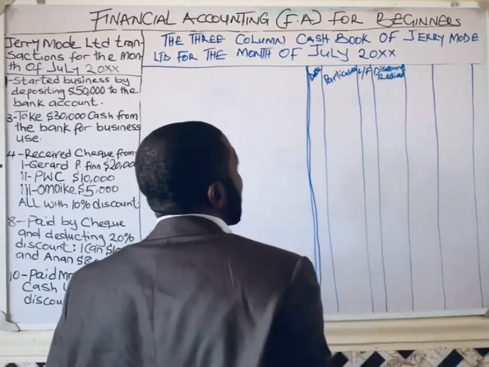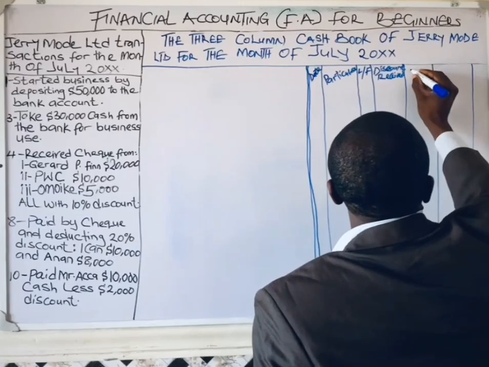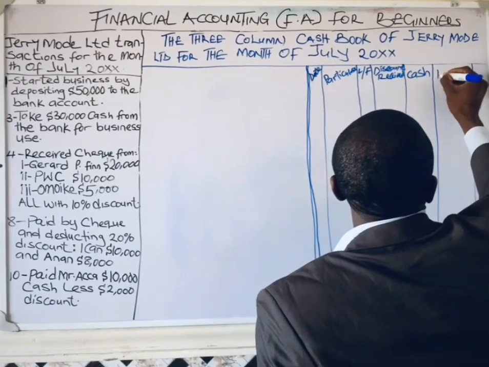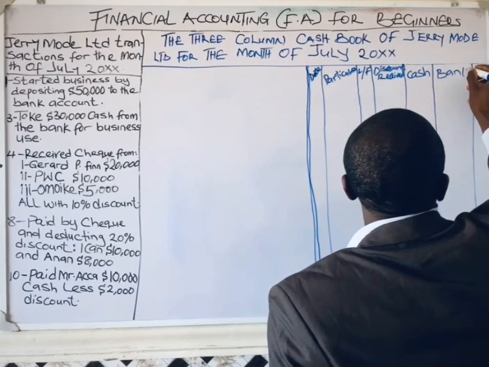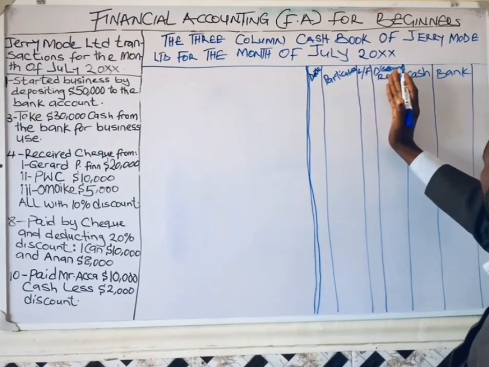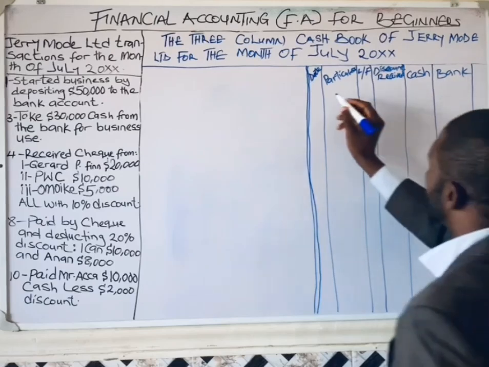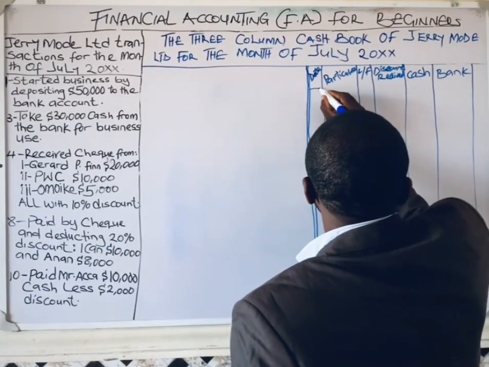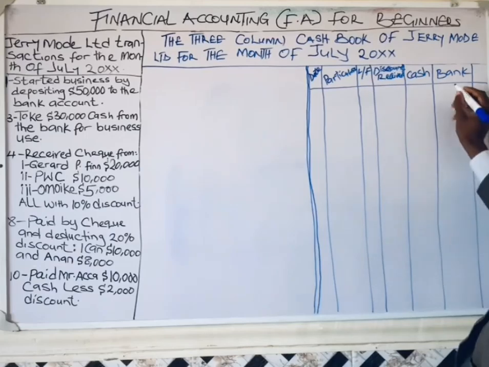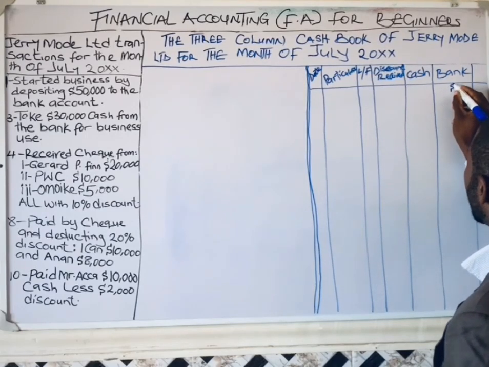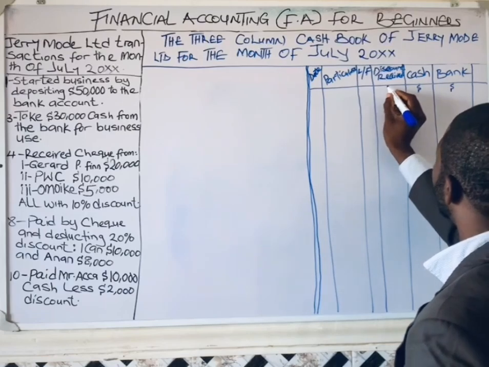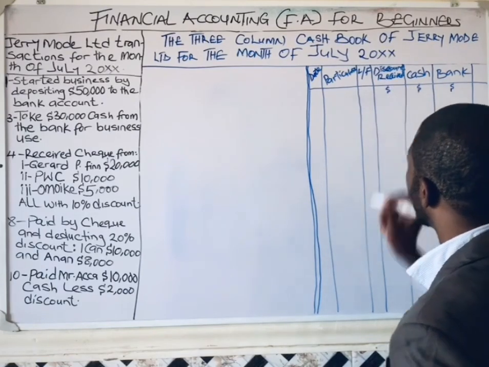This is cash. And this is bank. So we have 3 columns, starting from discount. 1, 2, 3. So you rule it. This is our currency sign, dollar, dollar, and dollar.